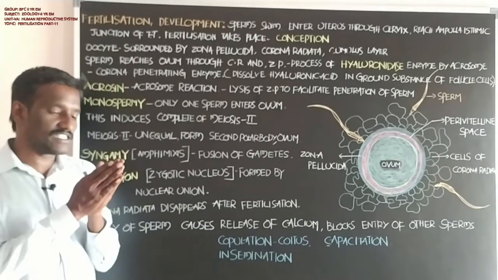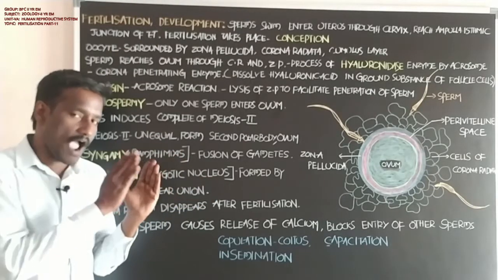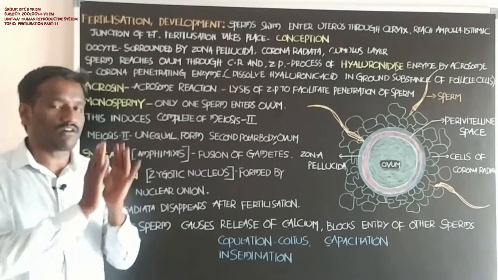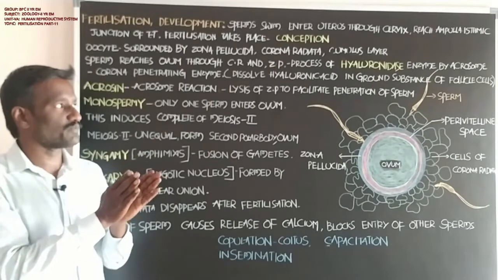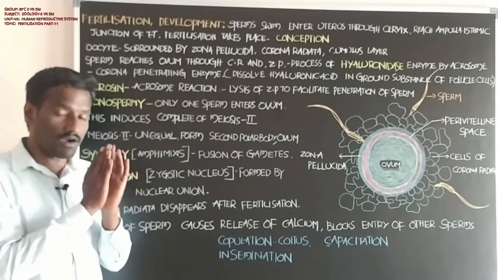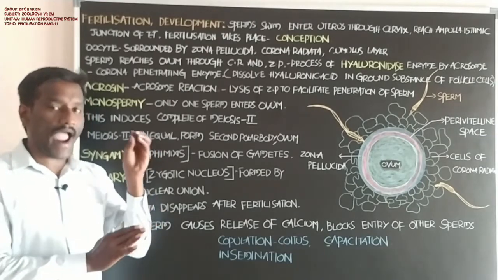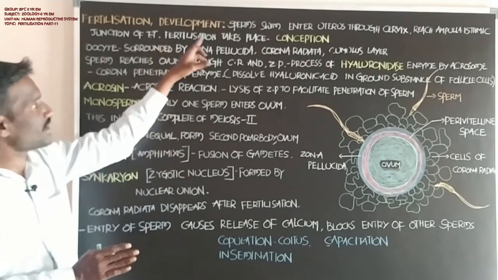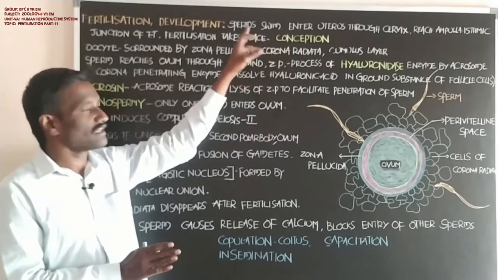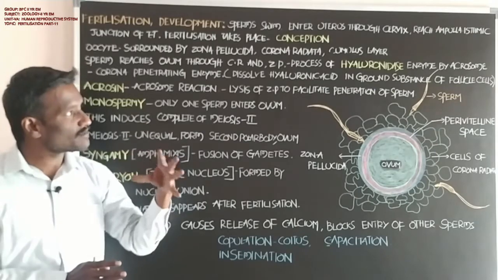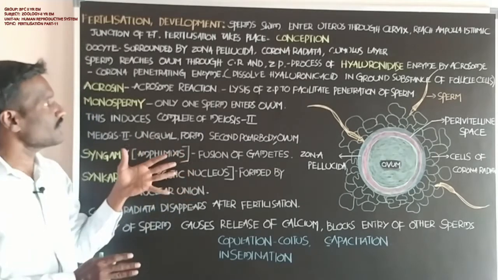That is the region which connects the ampulla part and the isthmus part of the fallopian tube. That is the fertilization site, students. This part of the fallopian tube acts as the fertilization site. Fertilization takes place in the fallopian tube at the ampulla isthmic junction.